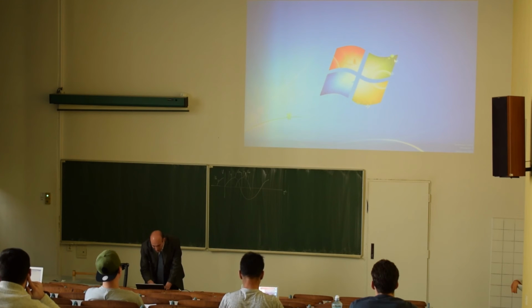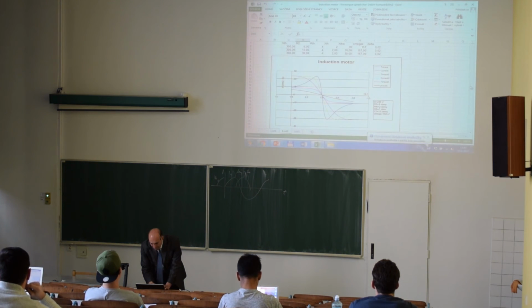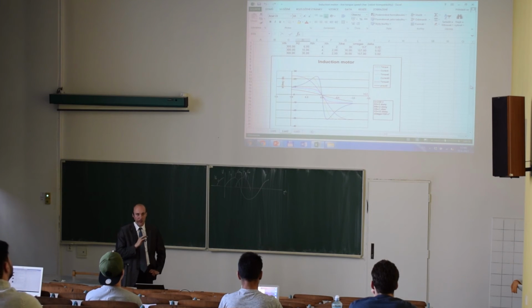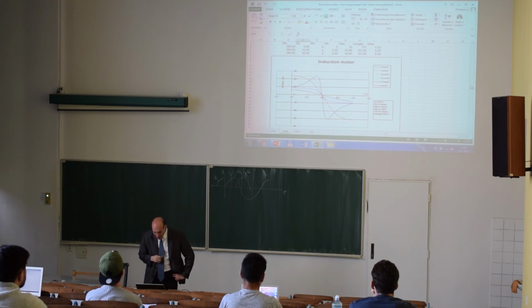So you can play with this Excel sheet yourselves. Now here that's a file where you can change the different properties of the motor based on the equivalent circuit diagram, and here you will see the torque speed characteristics.